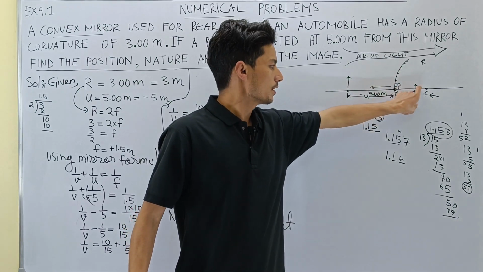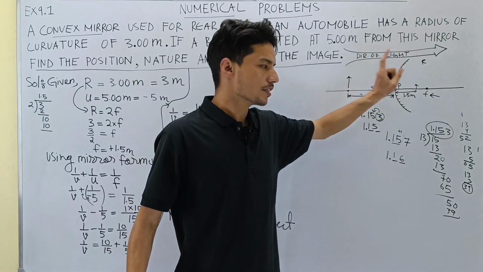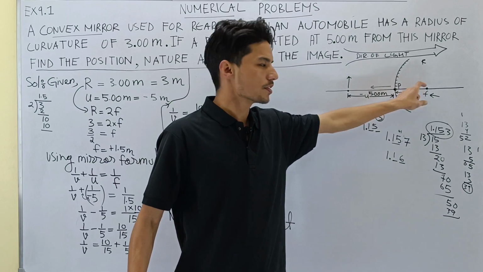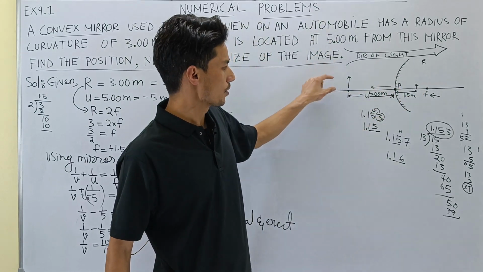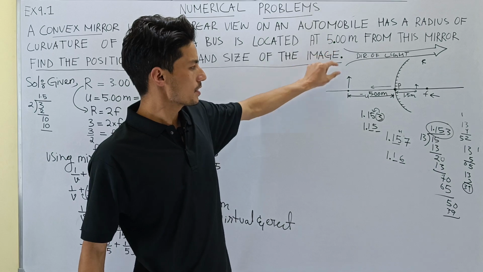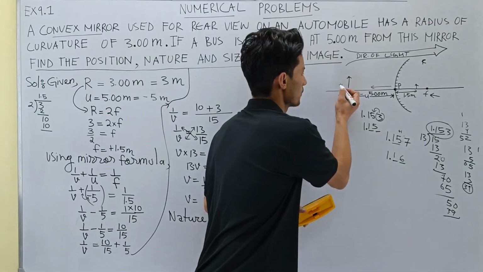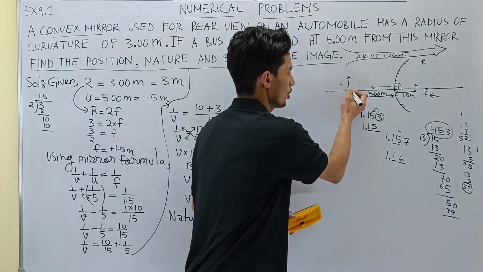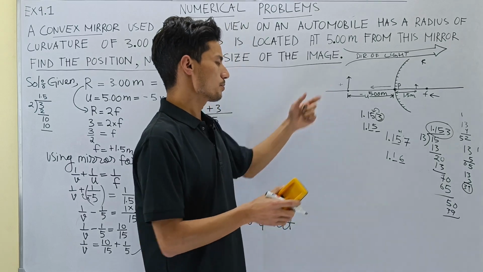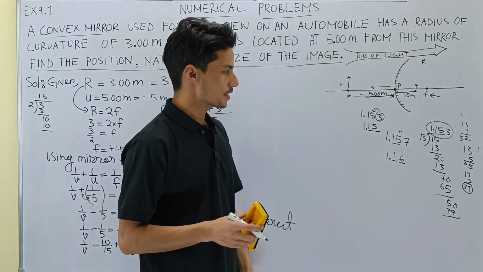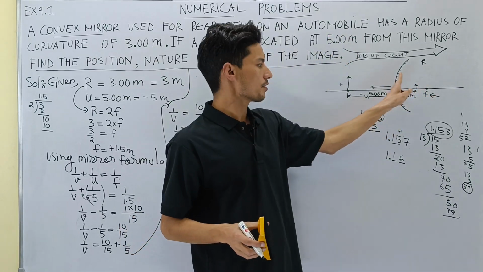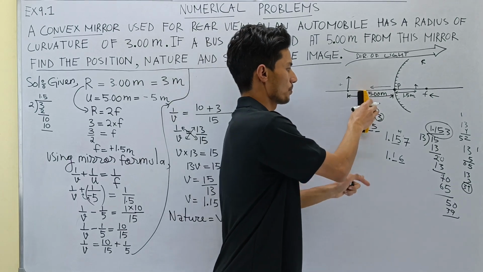And one more thing, in the previous video we discussed the sign convention for the size also, isn't it? For the height also, anything standing above the principal axis, their heights will be taken as positive. So the height of the object is always positive because the object will always be standing upright on the principal axis. The image, on the other hand, if it is a real image, will be formed below the principal axis like this.